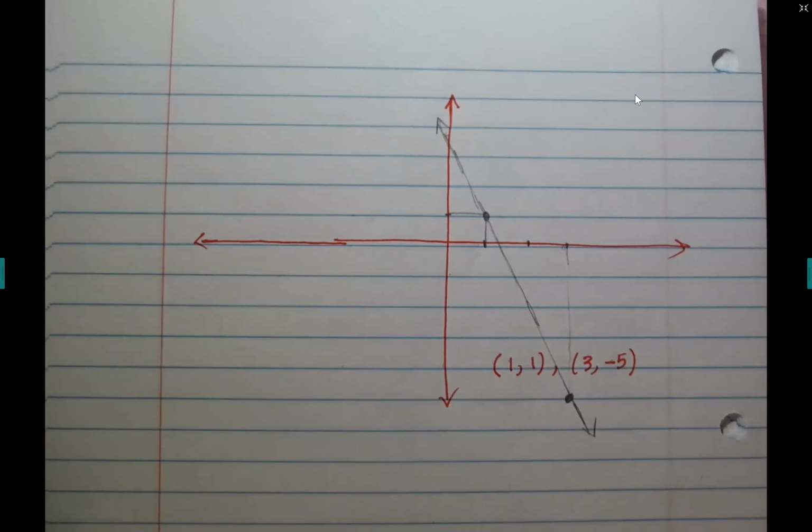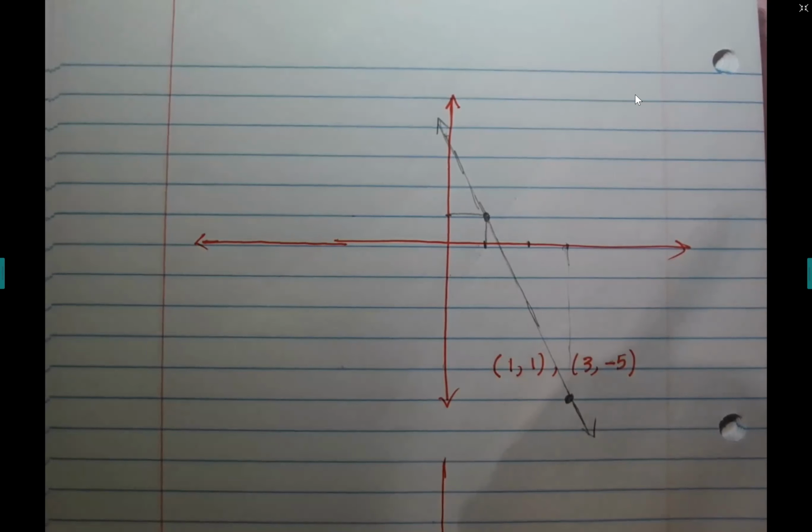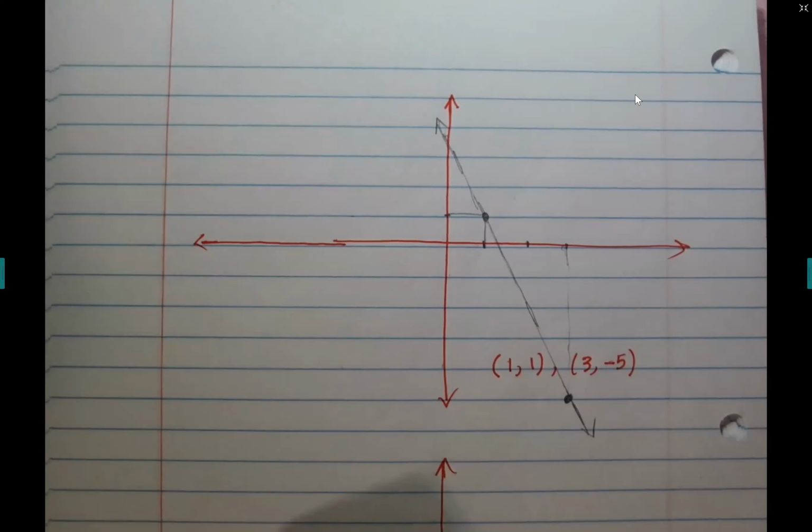Let me show you a third situation and see if you can tell me anything about it. Here's another line. Tell me what's happening with the y value as x increases.